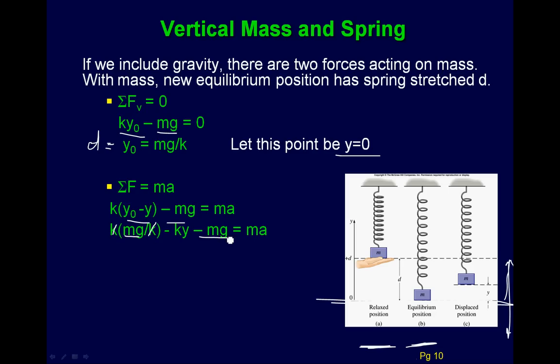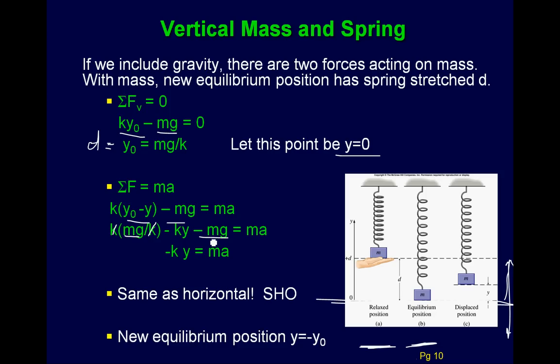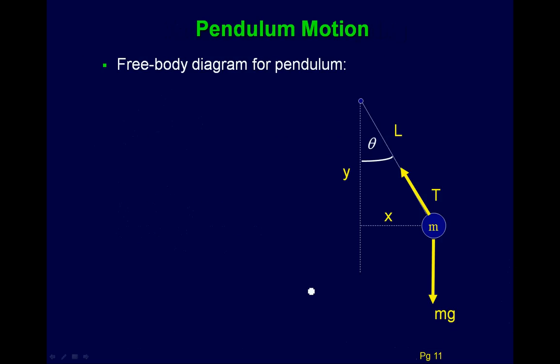This mg and this mg cancel, and I'm left with just negative ky equals ma. So basically, if you adjust the position of the spring to the new equilibrium position, this is just simple harmonic motion, and you can essentially just forget about the gravity. The new equilibrium position will be this negative y naught. Of course, in our little picture here, we called that d, so it bounces around that position d.